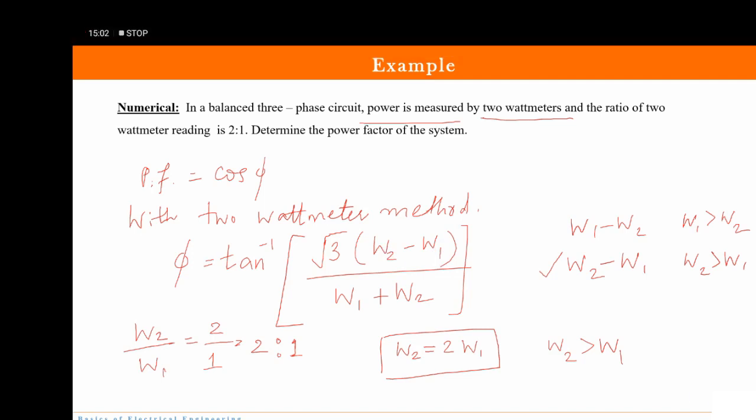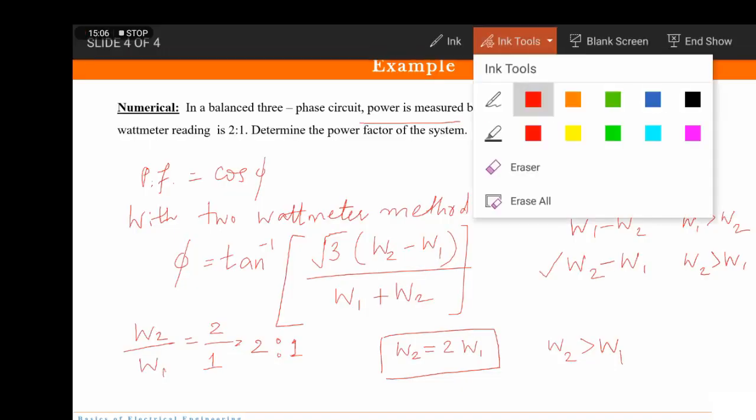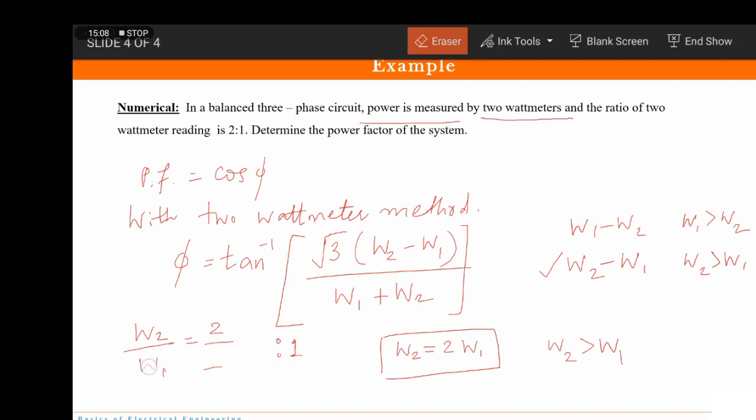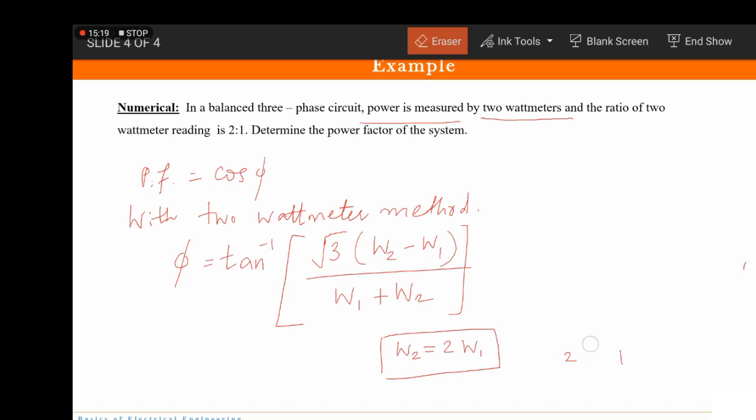Yes. So what we will do is, we will put the values. Fine. I shall erase this so that we can get some space, and I will write it here.